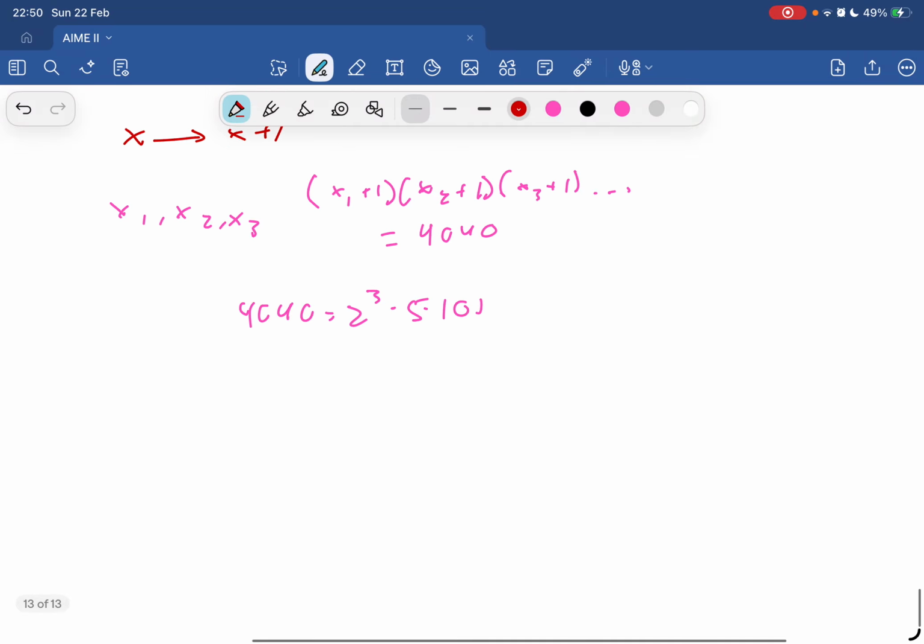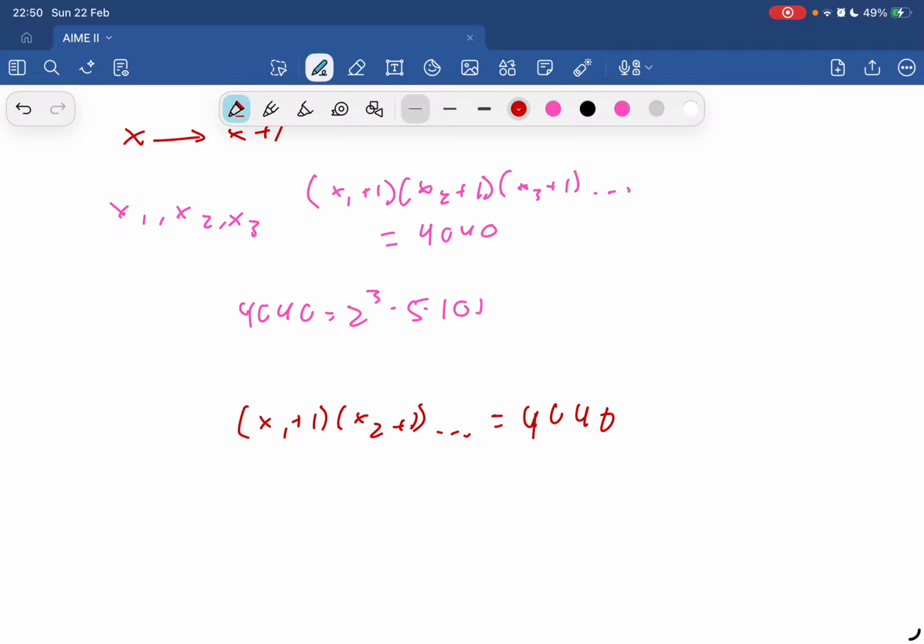So we want (x1 plus 1) times (x2 plus 1) and so on to equal 4040. To minimize total elements, x1 plus x2 plus and so on, we'll take the prime factors directly. So 8, 5, 101.